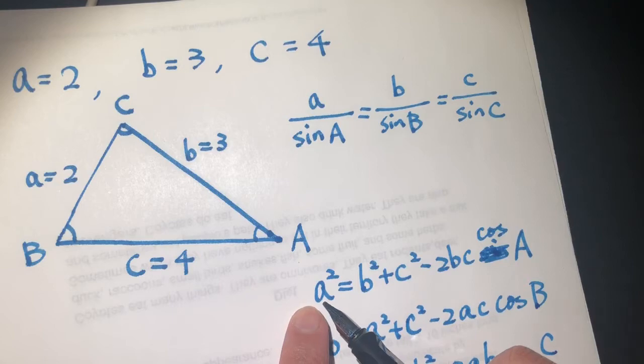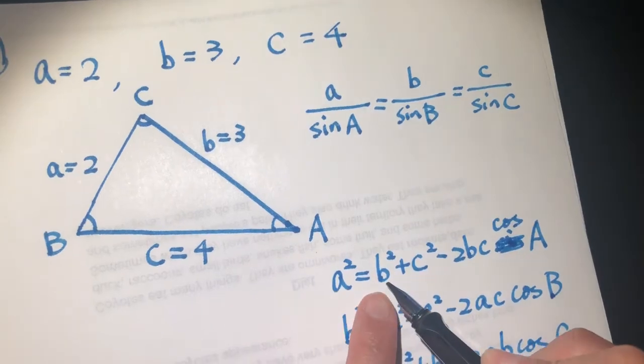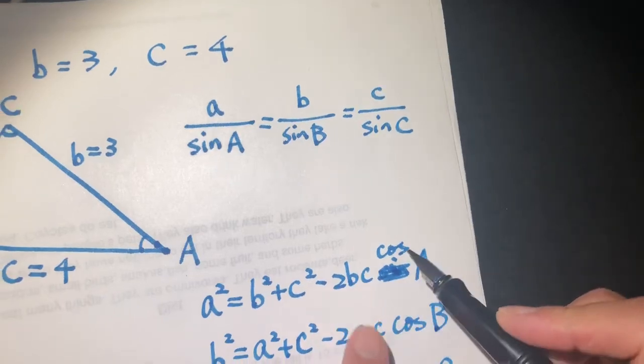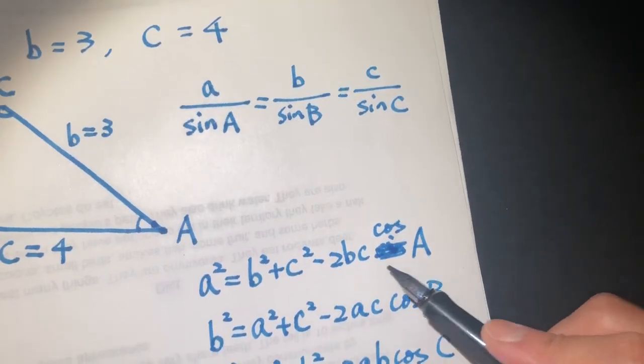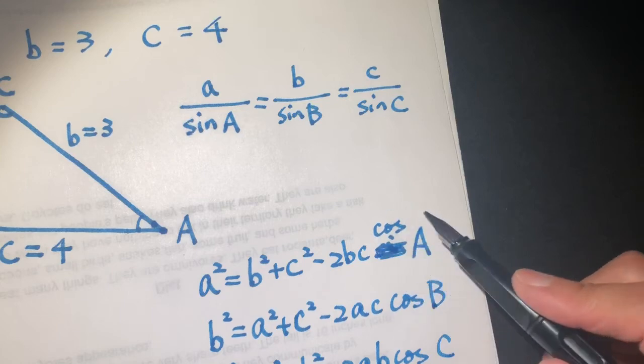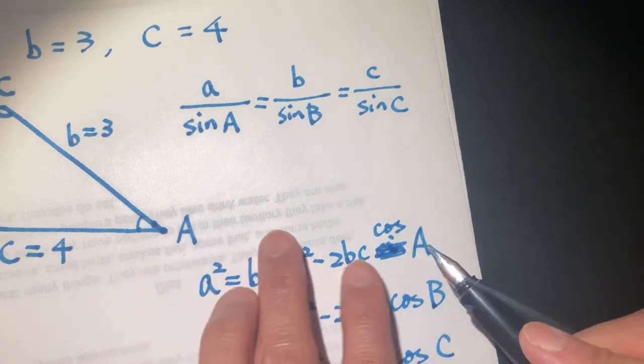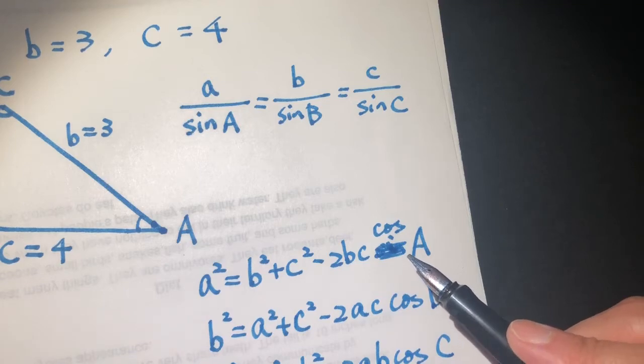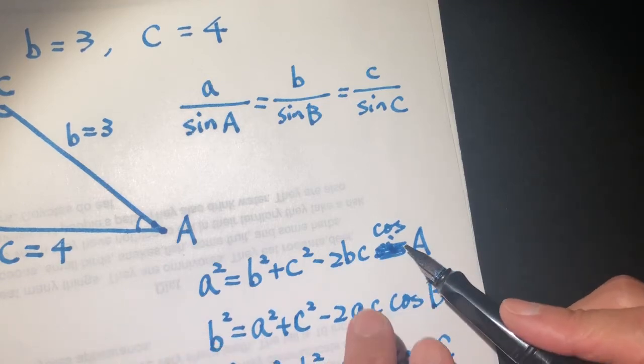A is given, B is given, C is given, and we only have one unknown variable, so we can solve this problem. We have everything here. It just needs some calculation. A calculator will help us to do it.